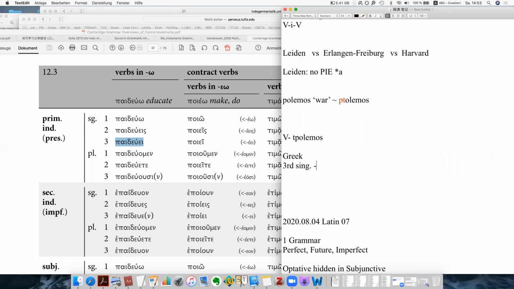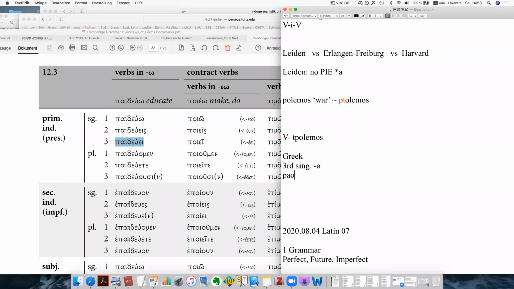The ending is 0, right? It's really weird. Why is it 0? It's paideu a, right? Okay, it's a. Where does this a come from? This a comes from actually a t. Originally it is a t, but with metathesis.